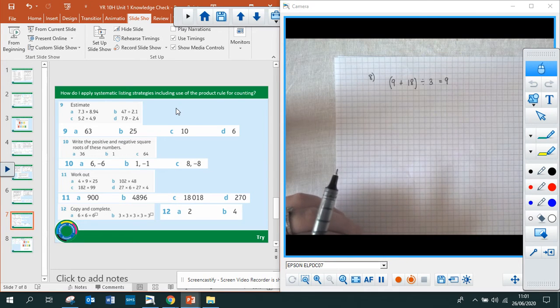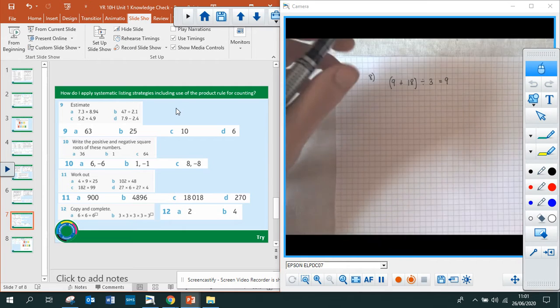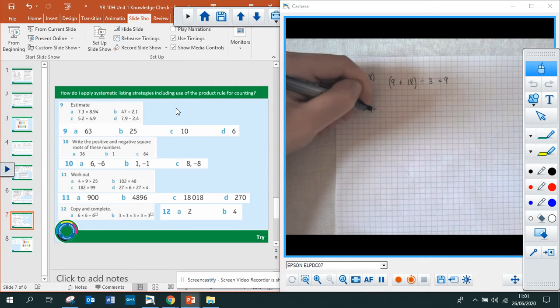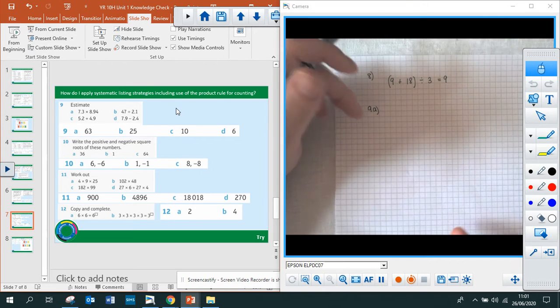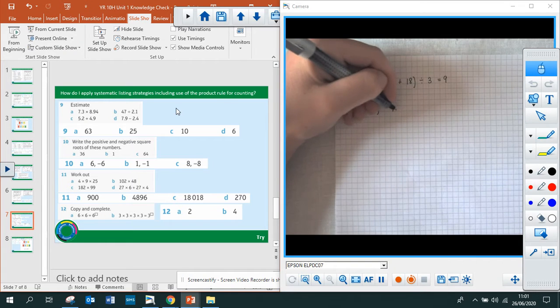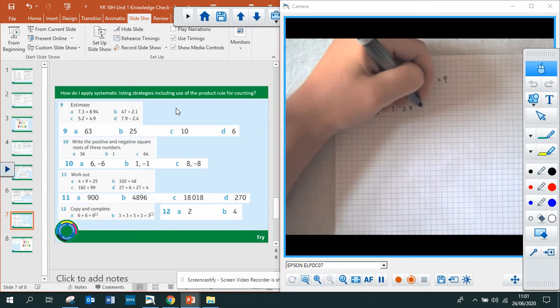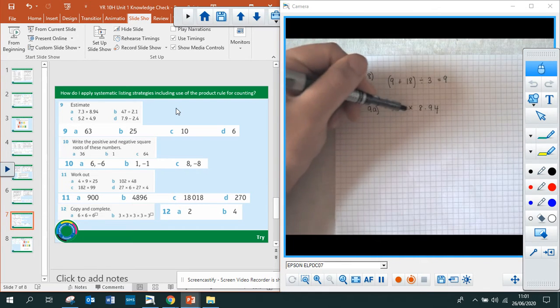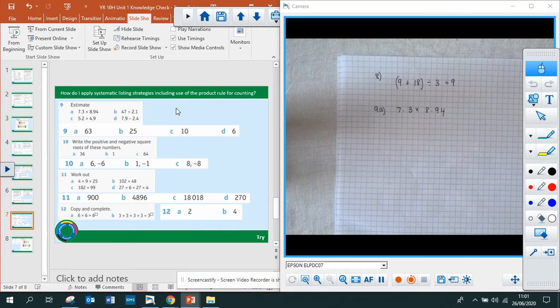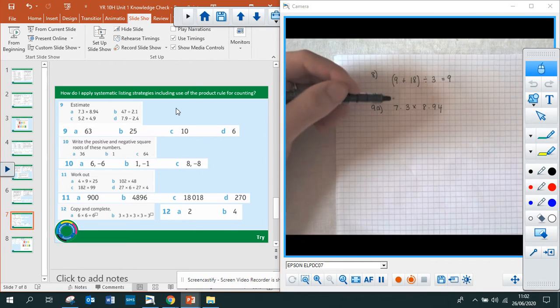So, question 9. We're estimating now. So estimating means don't give an exact answer, give a rough answer. Okay, this is really good for checking your answers to calculations. So we've got 7.3 multiplied by 8.94. And what you do when you're estimating is you round each number to one significant figure.